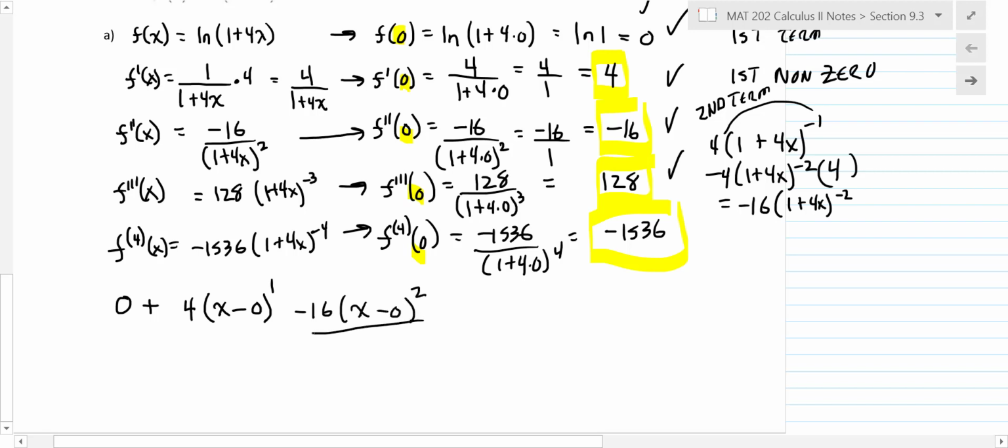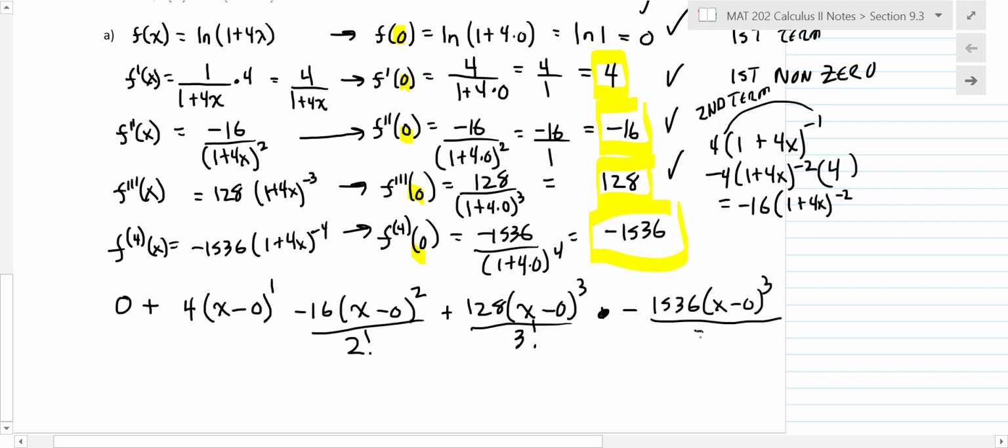Second power over what? 2 factorial. Okay, then we go to the next term, which would be plus 128, x minus 0 to the third, that matches the third derivative, over 3 factorial, and then we would have finally minus 1536, x minus 0 to the third power, all over 3 factorial, like that, okay?